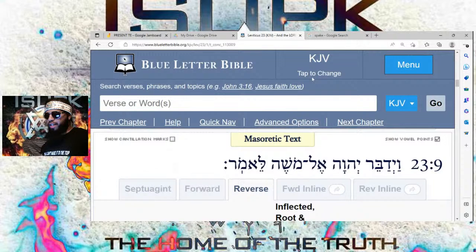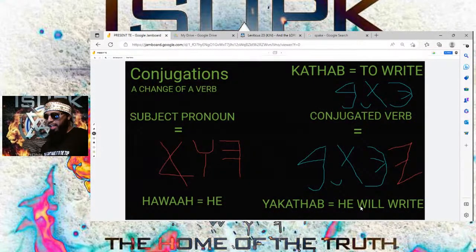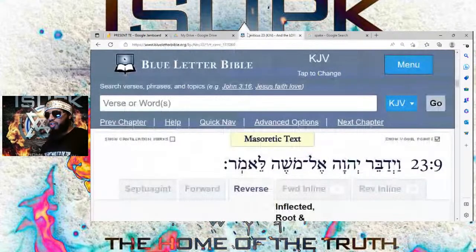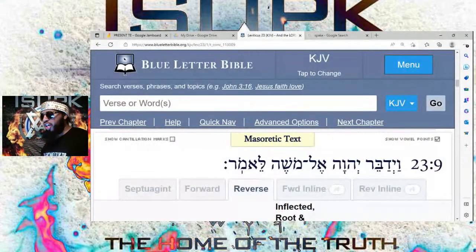But in some cases it can also mean he will speak. In this case, we used this example of katab, meaning to write, but let's focus on the verb dabar so you understand. So Yadabar can either mean he spoke, or Yadabar can also mean he will speak.